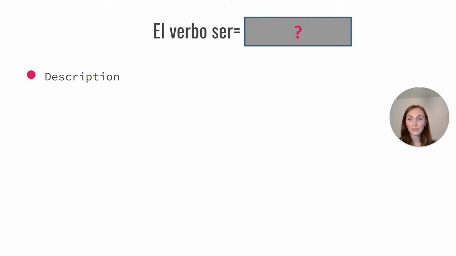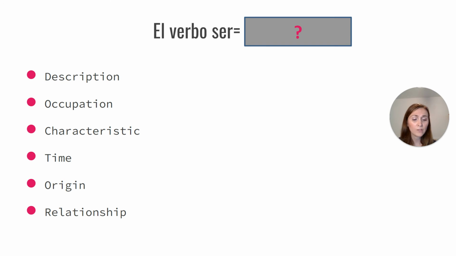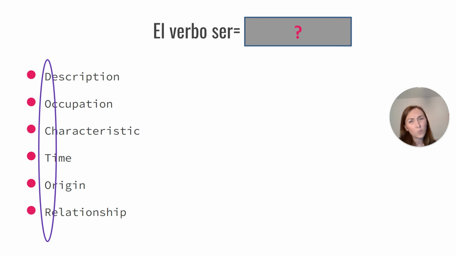Simply put in a few words, el verbo ser can be used for description, occupation, characteristic, time, origin, and relationship. Now, have a look at the first letter of these words and tell me, what is a word that will make you remember the uses of the verb ser more easily?